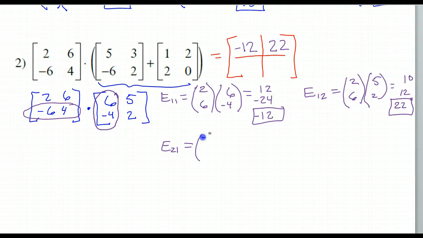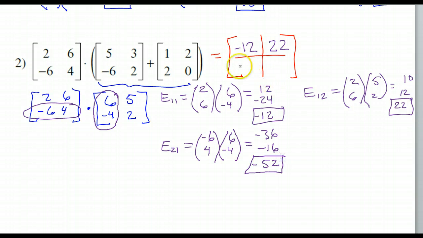Row 2, that's negative 6, 4. Column 1, that's 6, negative 4. Put those together, that's negative 36 and negative 16. So that's negative 52.